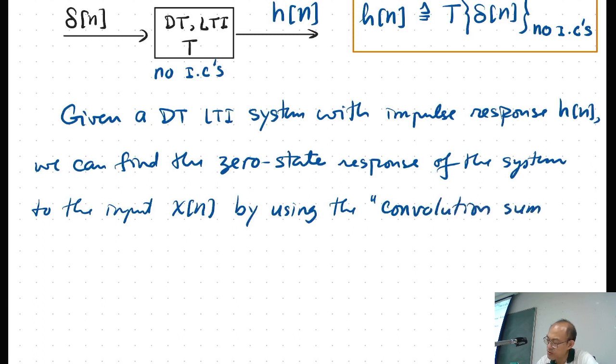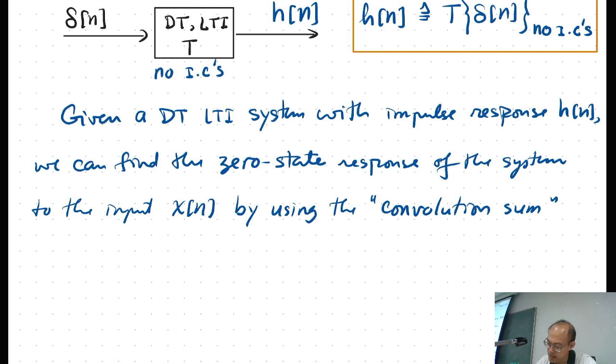In chapter 2, the name was convolution integral, but here the name is changed to convolution sum. The integral changed to sum because integral was defined for continuous time, and sum was defined for discrete time.